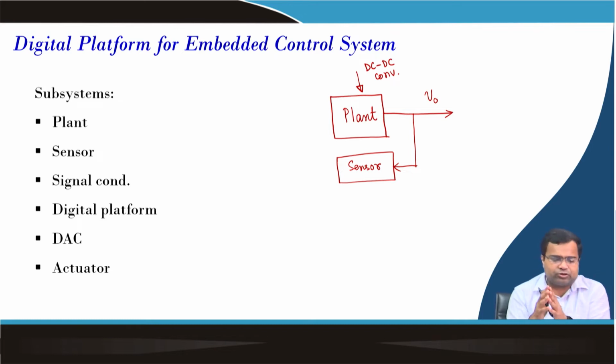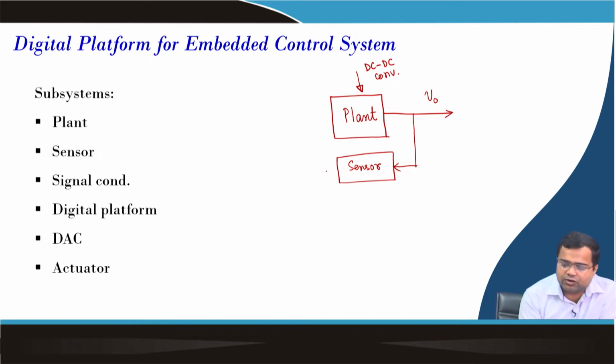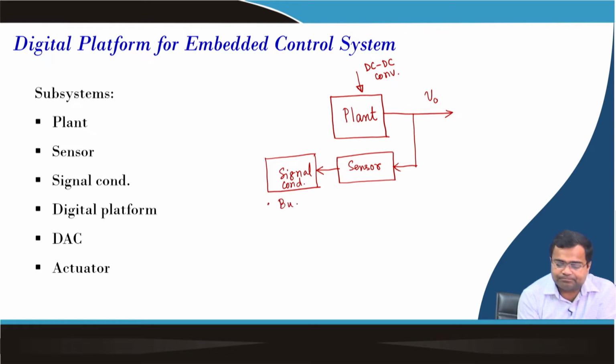So, that means, some amount of signal conditioning circuit is needed, which can be the next step. This signal conditioning circuit actually includes your buffer circuit for impedance matching and all, and it may also include your A to D converter, ADC.